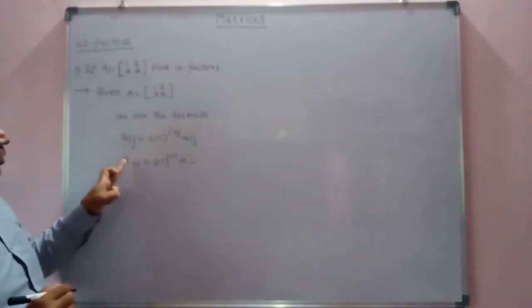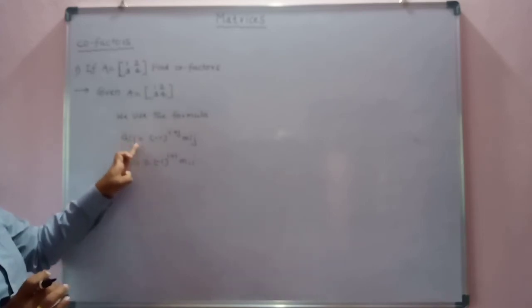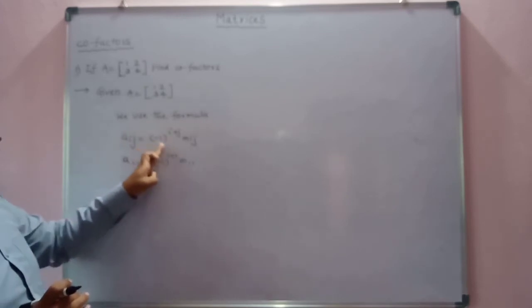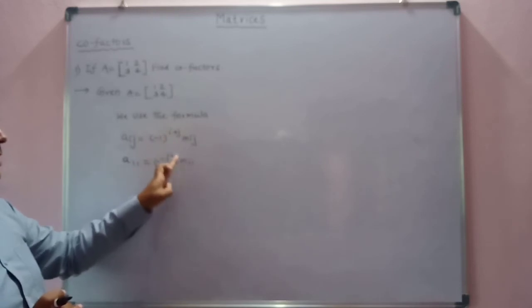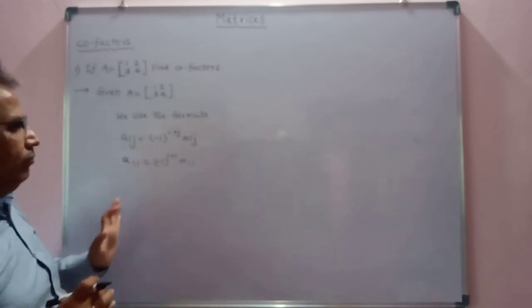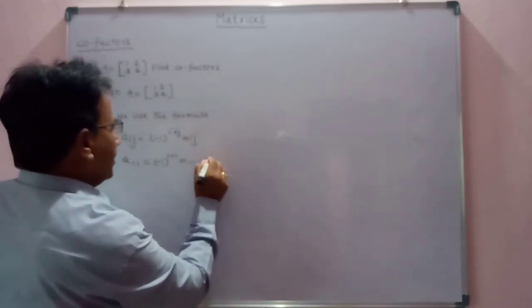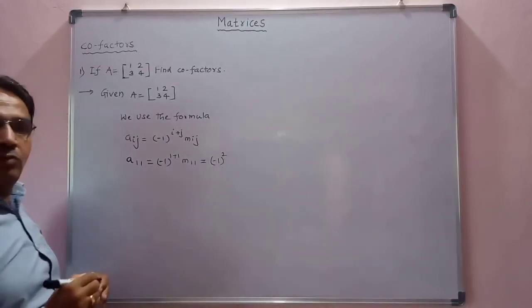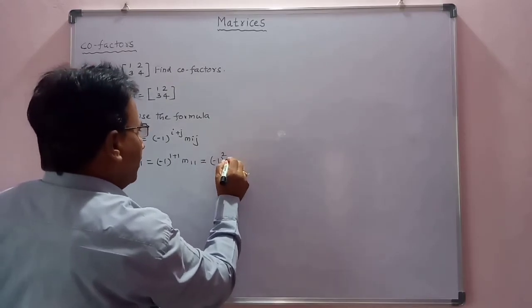Therefore, minus 1 raised to 1 plus 1 is 2, minus 1 square into m11.